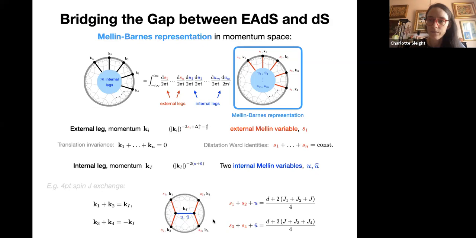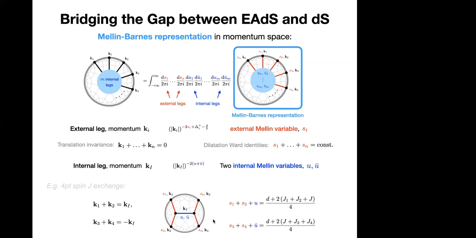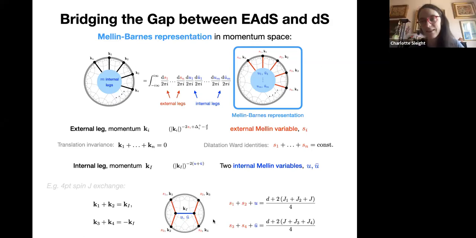I see. So, the Bessel functions, let's say if we were working with standard Poincaré coordinates, you would get Bessel functions in the bulk, and then you would have the bulk radial variable z, and this would be some momentum transform of that, or the analog of that. Yes, precisely that. This is the way I like to think about it, but I haven't really made this rigorous. Okay, thank you.